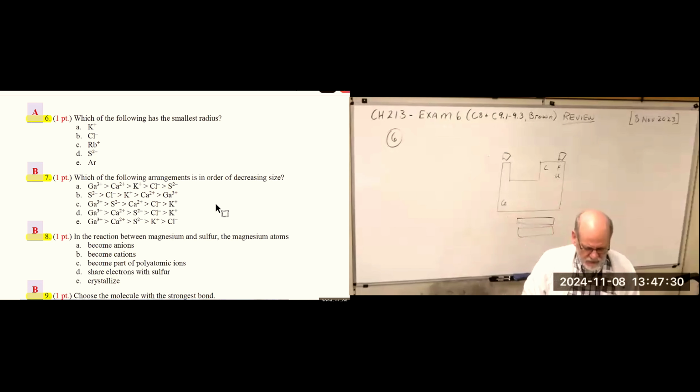Which of the following has the smallest radius? All right. We didn't spend a lot of time on ionic radii. I did mention one thing about ionic radii. When you have the atom and it becomes negatively charged, the radius is going to increase because we add another electron out there.